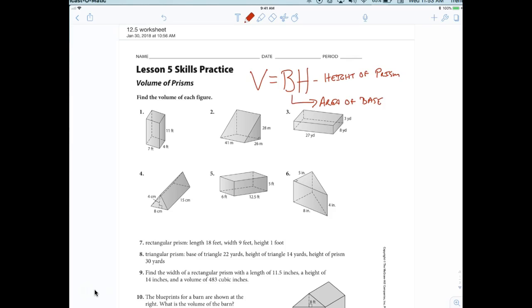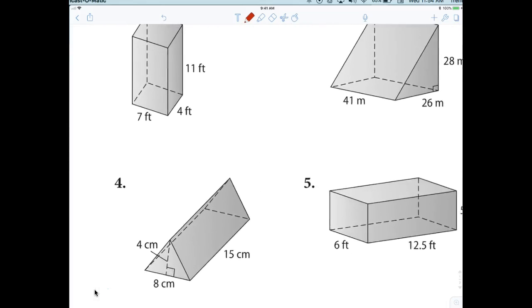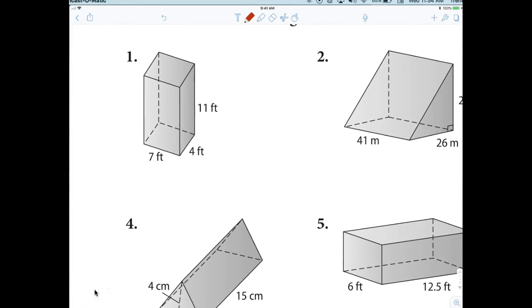Now, there's a height for the prism. Sometimes there's a height for the base. So whenever you're talking about the prism, you generally use capital letters. So everybody look up, please. I want to talk about number 1. Now, can somebody tell me what the shape of the base is?